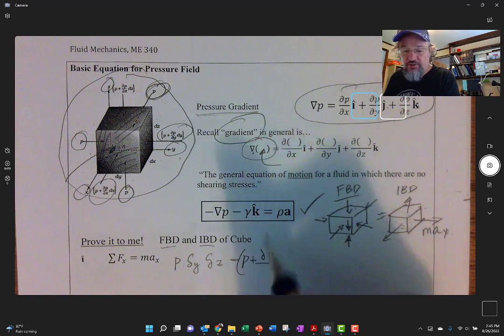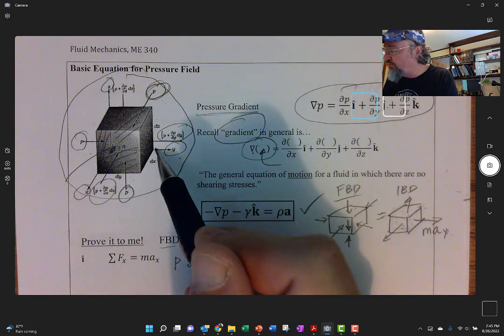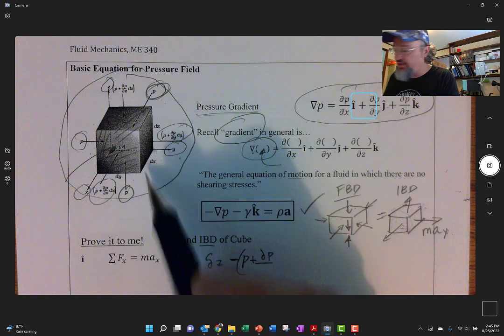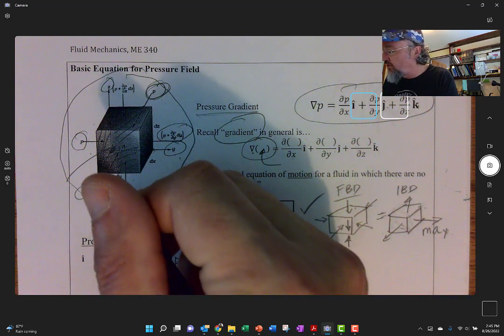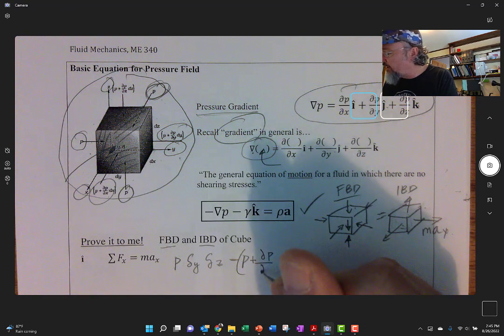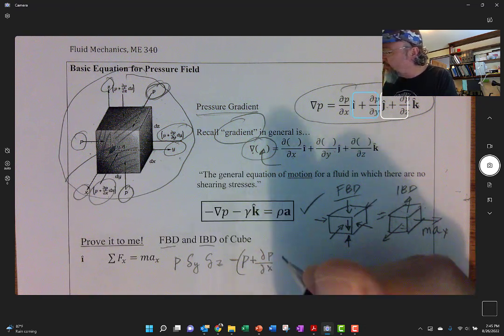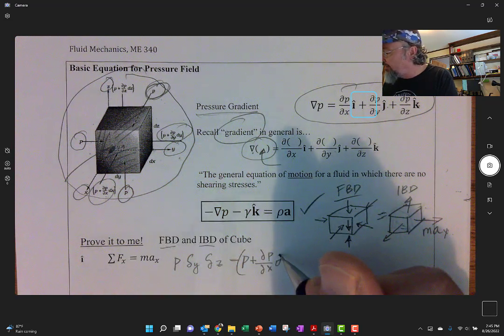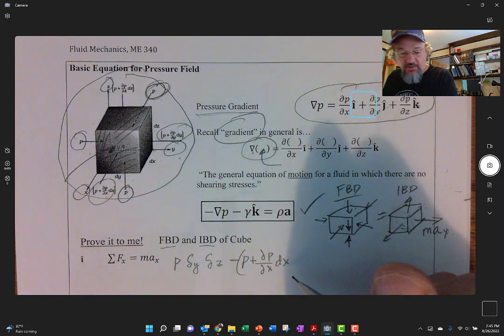That's because we moved from this back face over to this front face, we have an additional assumed del x going on. But we also need to multiply that by dx right there, I believe. Yes, dx.